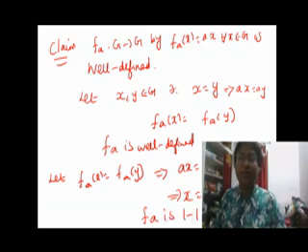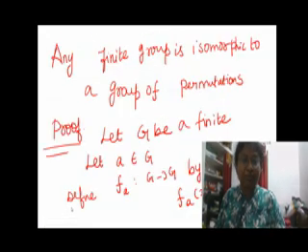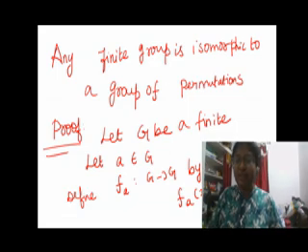Okay, let me go through this one more time. First we started with the statement: any finite group is isomorphic to a group of permutations. So we have taken a finite group. Let G be a finite group.